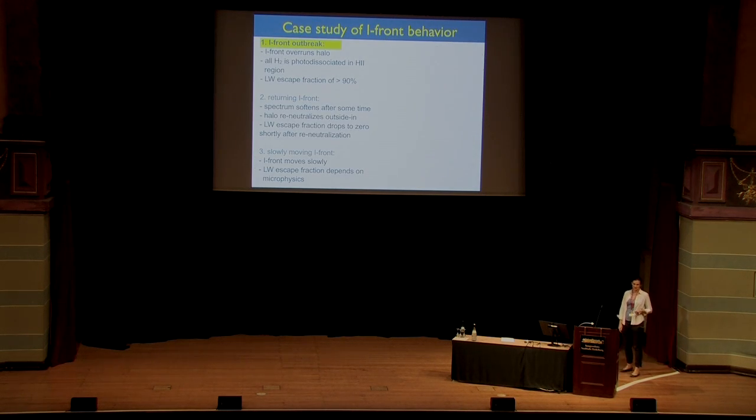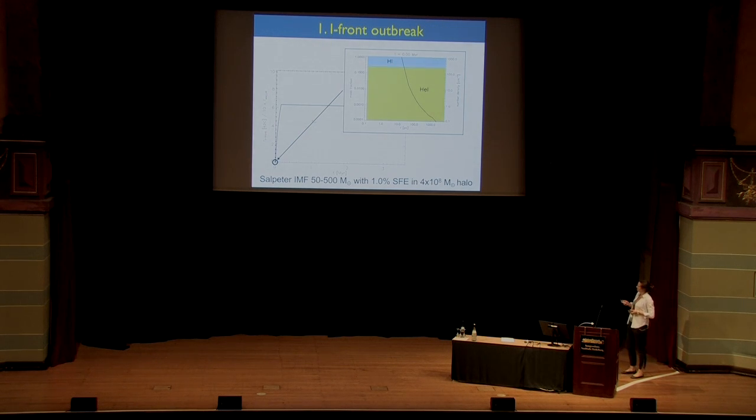When I now look at my results, I would like to put them into 3 groups, depending on how the ionization front is behaving. I'll start with the most simple case, where I have an ionization front which is breaking out through the halo. I'd like to guide you through my analysis. On the underlying plot, you can see the radius of the ionization front in black and my Lyman-Werner escape fractions in red as a function of time.